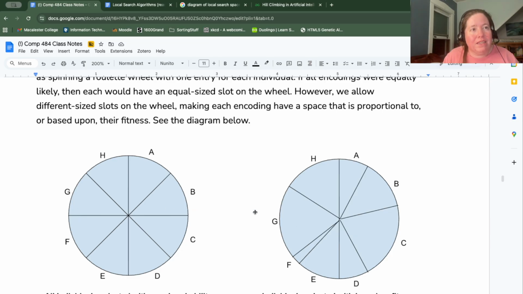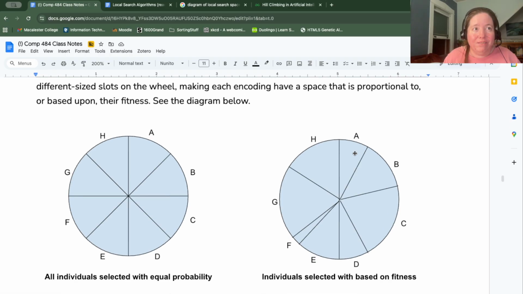So we give each individual a section of the pie that's proportional to their fitness value. A is not really highly fit, B is better, C is pretty good, D is not so good, F is terrible but still gets a sliver of the pie, and G is also pretty good. You can see that they have a different size of the roulette wheel depending on their fitness values.